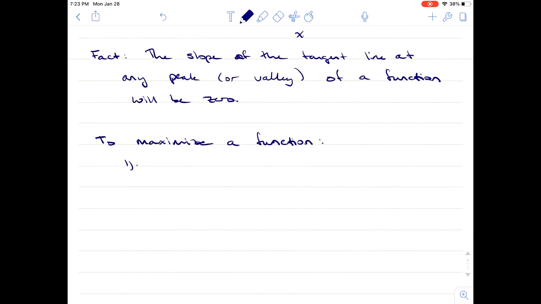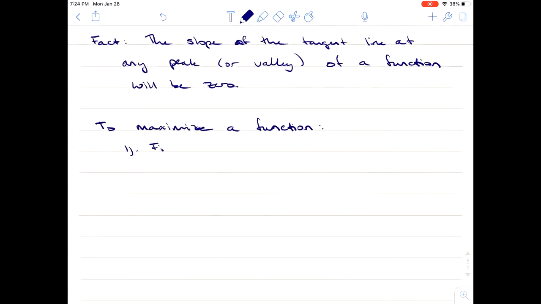It has no mention of a profit function or anything like that. So you're just going to maximize that function. So question 2, you're going to follow these steps. First step is find the derivative. So that's the general formula for the slope of the tangent line.